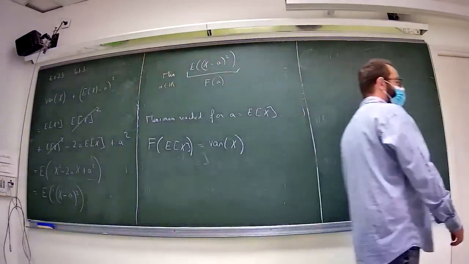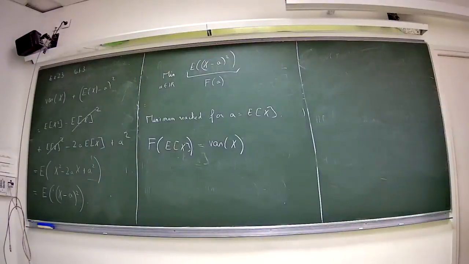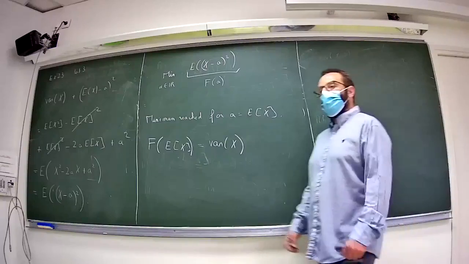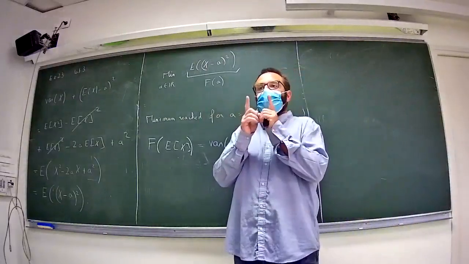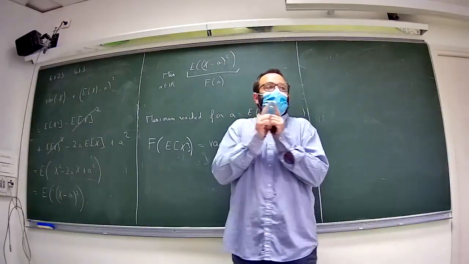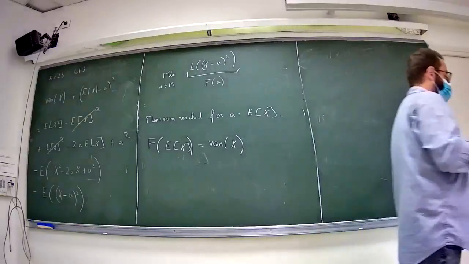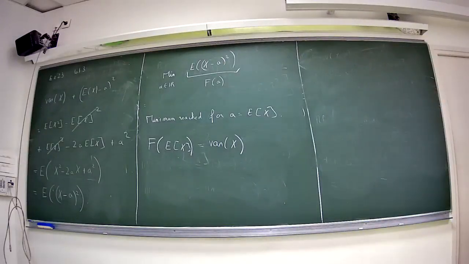So I summarize. The best approximation of a random variable by a number is given by the expectation. To measure the quality of this approximation, I can quantify it by the variance, because the variance measures the distance between X and its expectation. When the variance is small, it means that the distance will be very small, and so my approximation will be good. If I have a big variance, I will have a bad approximation. Okay?